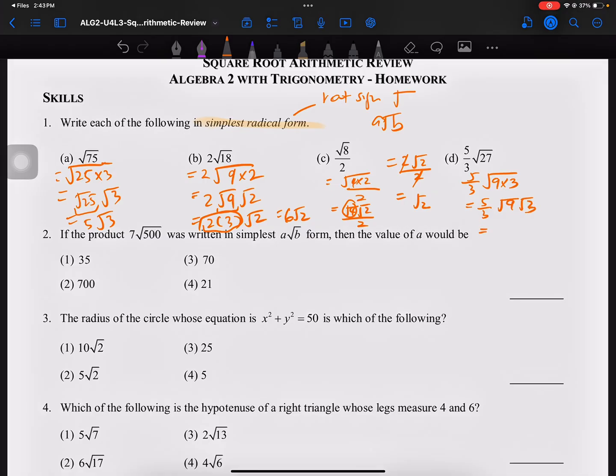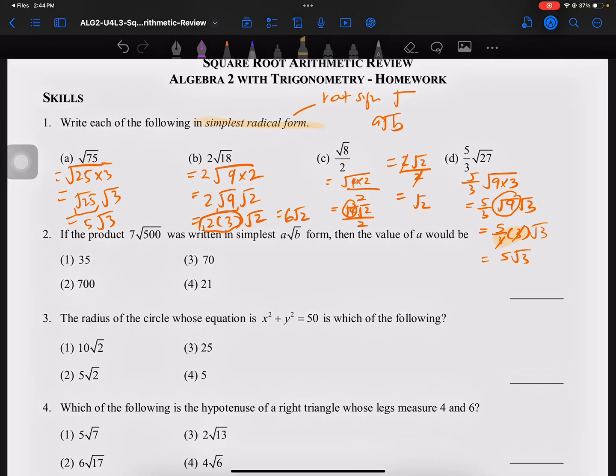So this one we can change to 3√3, and then we divide. The 3 in the numerator and denominator can cancel each other. When the 3 cancels out, we are left with 5√3. Inside the root is 3, which is not a perfect square. So 5√3 is the simplest radical form.